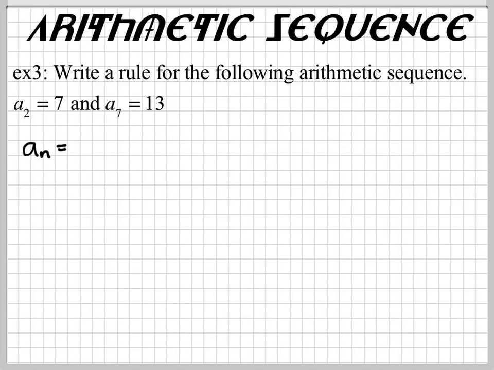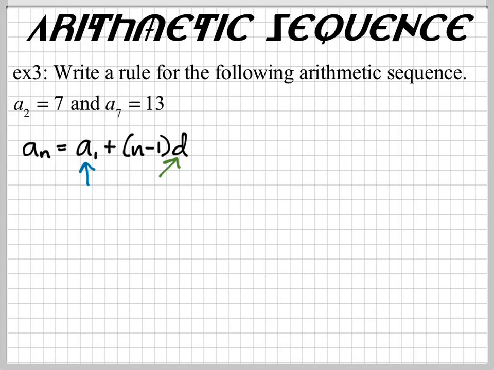A sub n equals a sub 1, that's the first term, plus n minus 1 times the common difference. So we need to find the common difference again, and we need to find the first term. This time we're not given the first term.